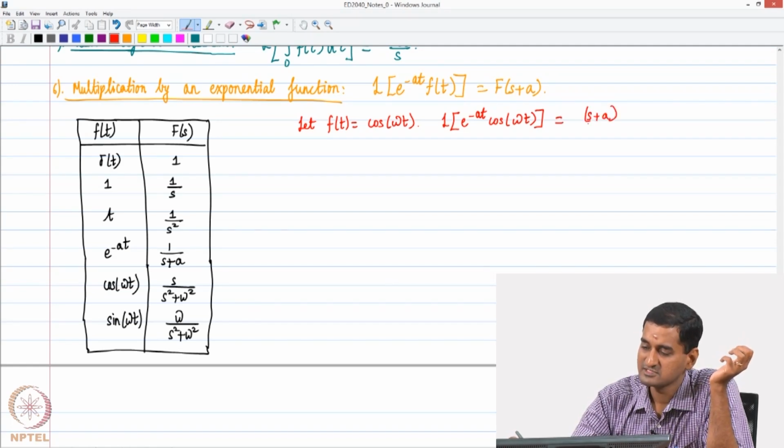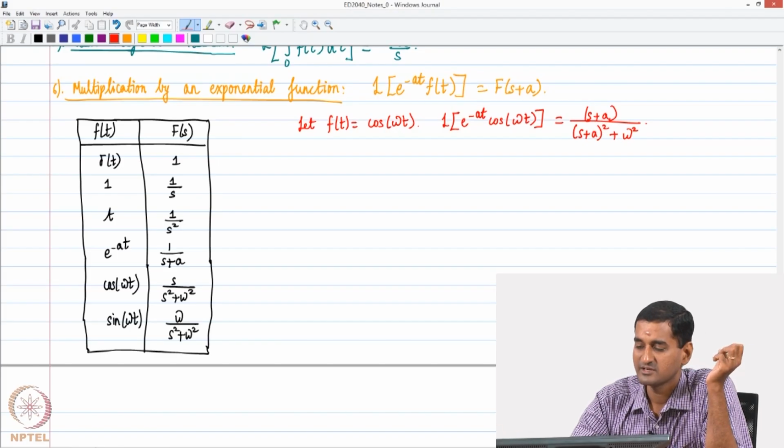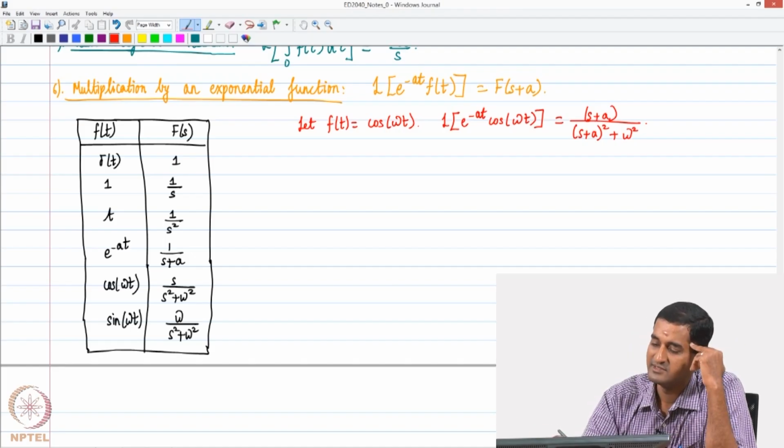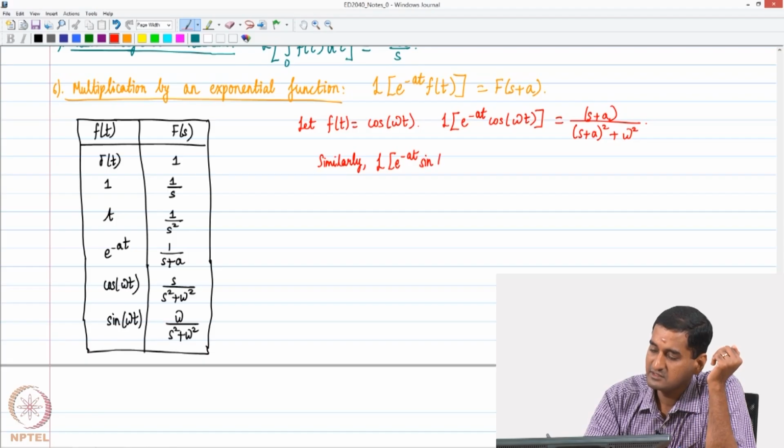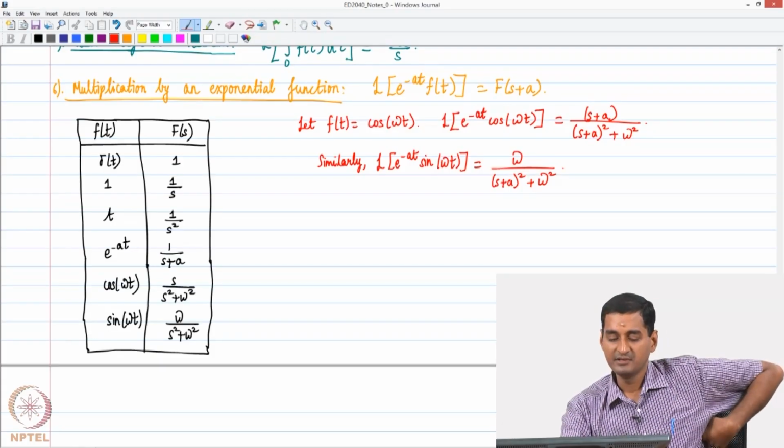So the Laplace transform is going to be s plus a divided by s plus a whole square plus omega square, right. Similarly, we have the Laplace transform of e power minus at sin omega t to be equal to omega divided by s plus a whole square plus omega square, right. So that is what we are going to have.